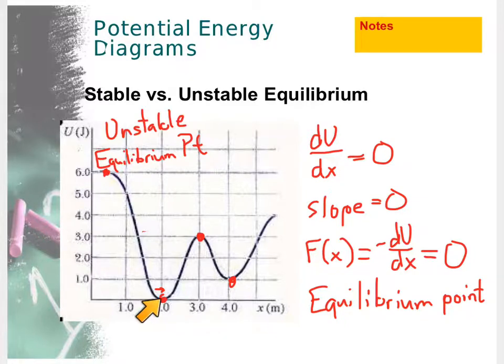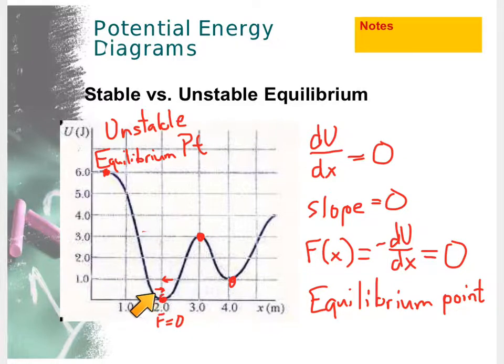Well, let's compare that to down here, where again we have our force equal to 0. So this is another equilibrium point, which means that the forces are all balanced, force equals 0. But if I were to nudge this one a little bit to the right, what would happen is that the force would be pointing in the opposite direction, so it would push my mass back to the equilibrium point.